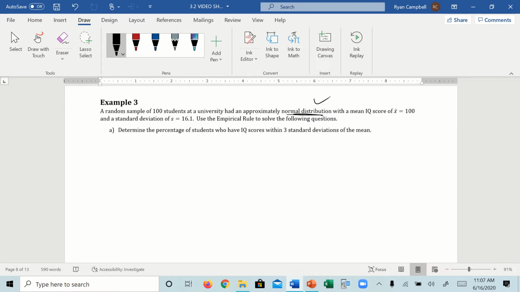Use the empirical rule to solve the following questions. Remember, the empirical rule is called the 68, 95, 99.7 rule. Determine the percentage of students who have IQ scores within 3 standard deviations of the mean.